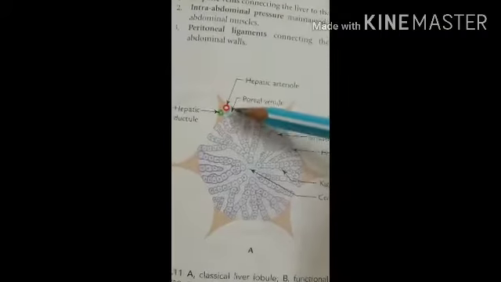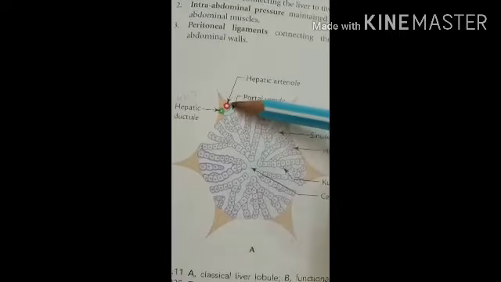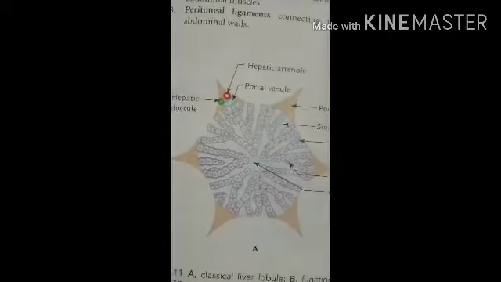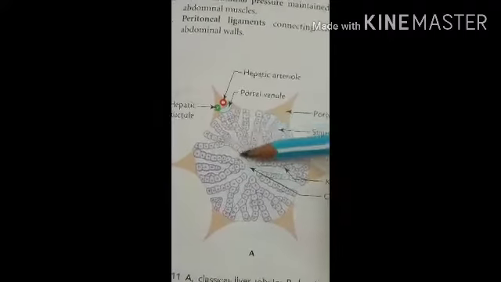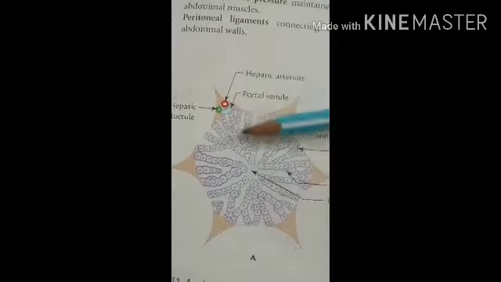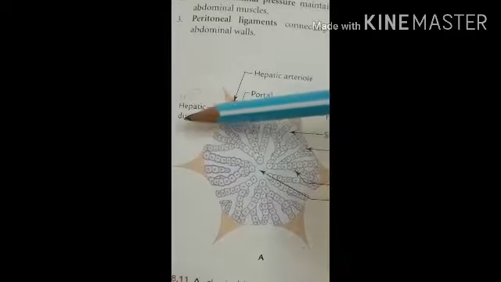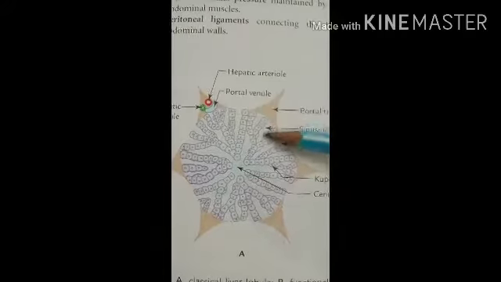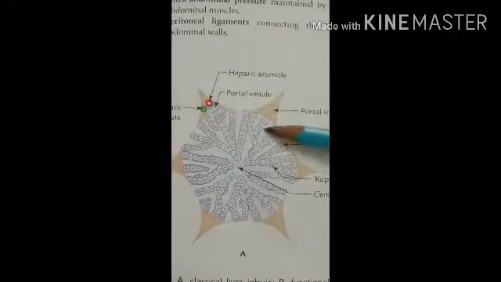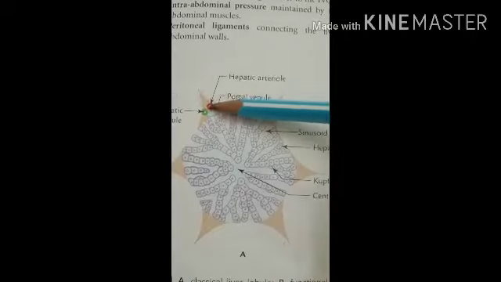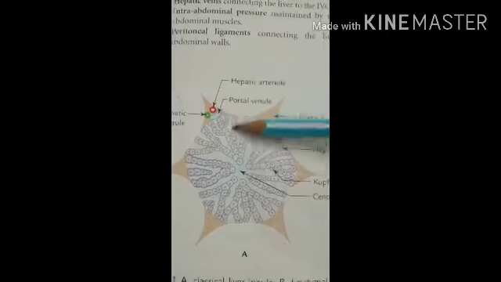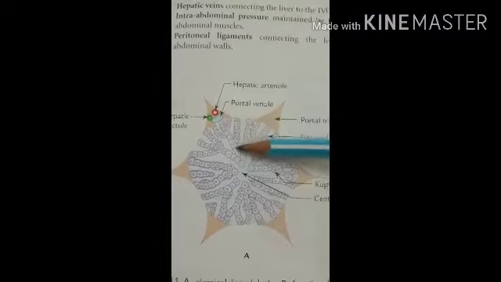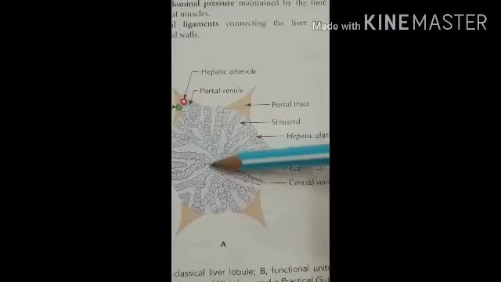Through the portal venule and the hepatic arteriole, blood enters the sinusoids, and bile forms in the bile canaliculi of the hexagonal lobule, which is drained into the hepatic ductule, or bile ductule. In this way, oxygenated and deoxygenated blood enters through the portal venule and hepatic arteriole into the sinusoids, where nutrition is deposited into the hepatocytes, and the remaining deoxygenated blood goes into the central vein.